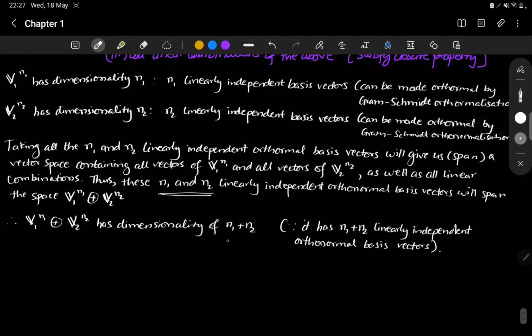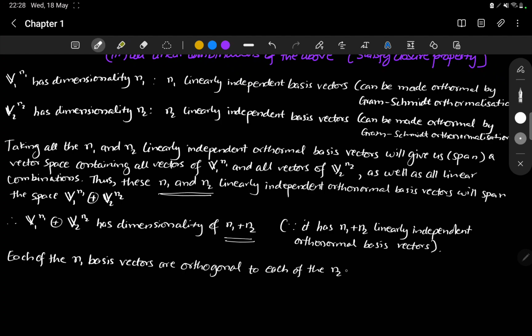So why we are able to get this N1 plus N2 is because each of the N1 basis vectors are orthogonal to each of the N2 basis vectors. That means none of this N1 would be parallel to any of this N2.